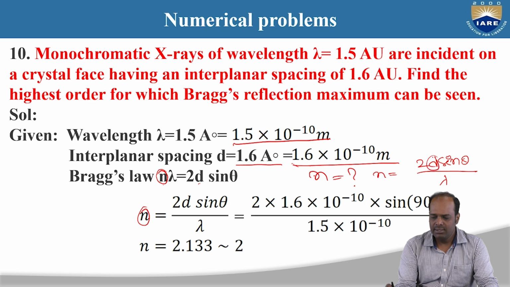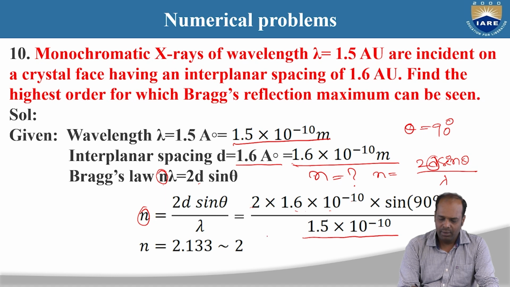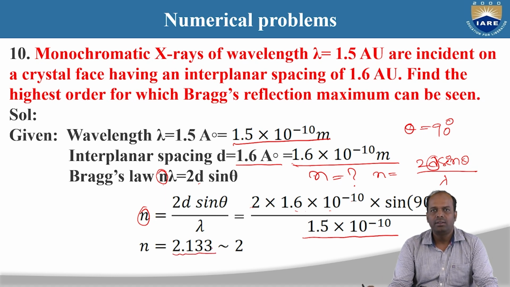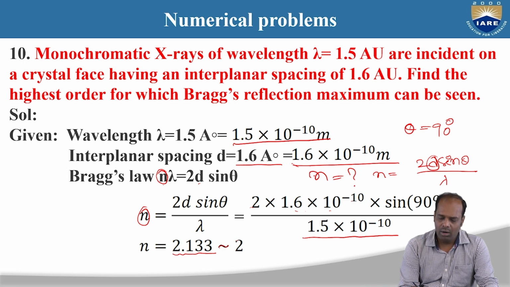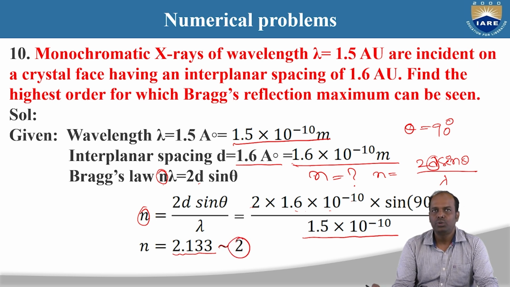So d is the interatomic spacing, 1.6 into 10 to the power of minus 10, and theta, the angle, is 90, the maximum angle meaning 90 degrees. Then wavelength is 1.5 into 10 to the power of minus 10. Then we substitute, and we get the value 2.133, which means the maximum order is 2.